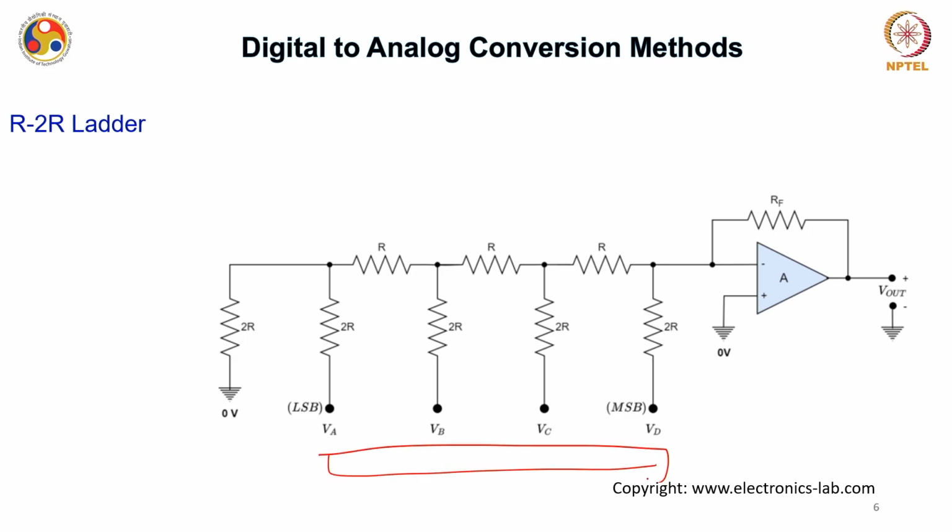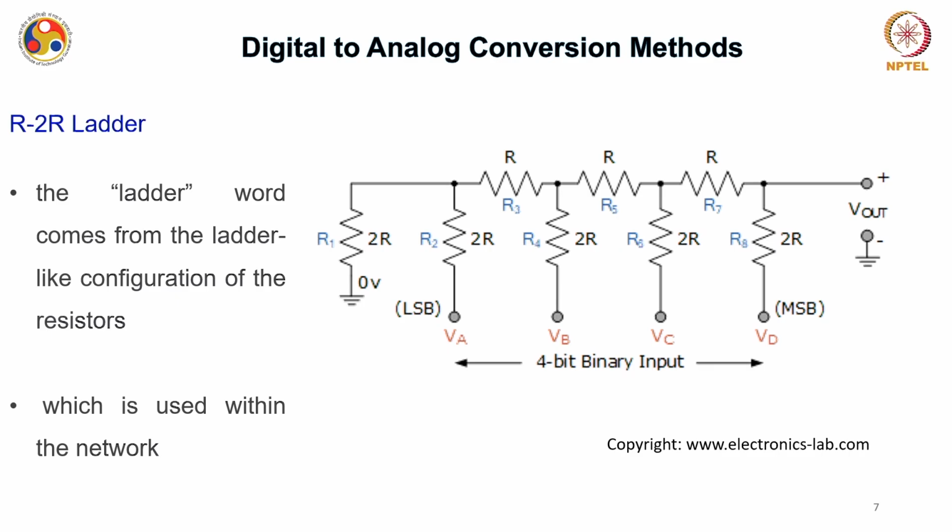These are the 4 bits, where VA represents the LSB and VD represents the MSB. You can see the resistor requirement here: 2R, R, 2R, R, 2R and so on. The word ladder, as I have mentioned, comes from the ladder-like configuration of the resistors used within this network.